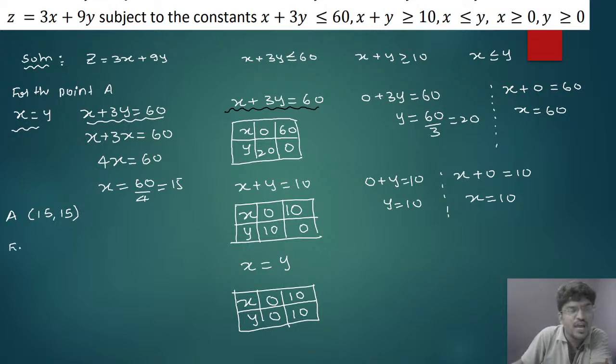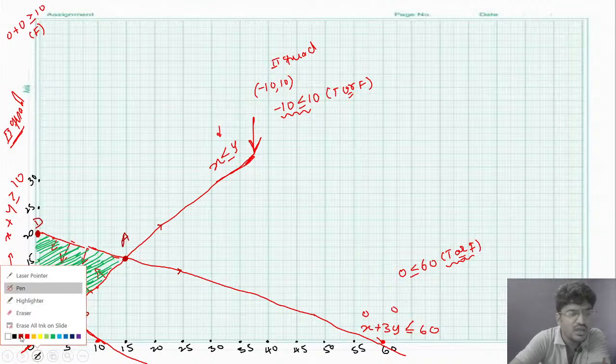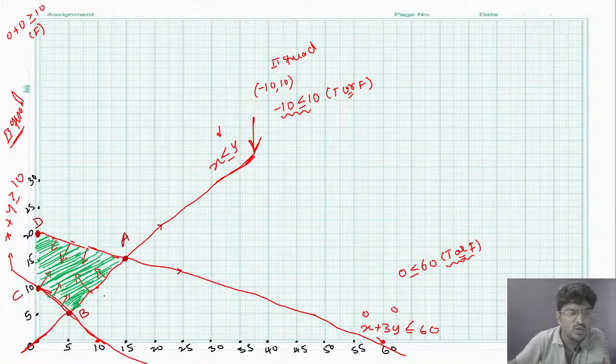Next, for point B, which equations do you have to solve? Point B is again on two lines, x equal to y and x plus y equal to 10.